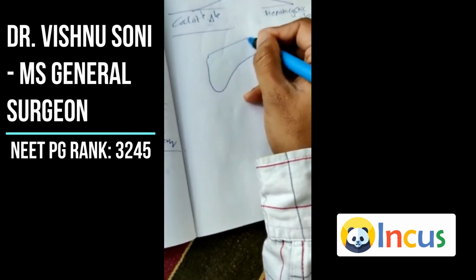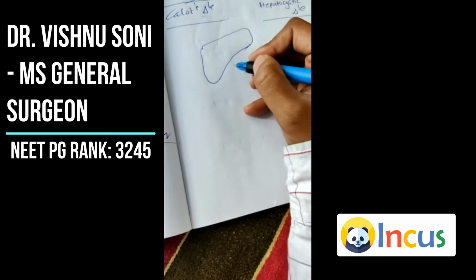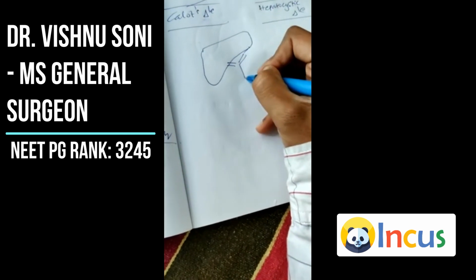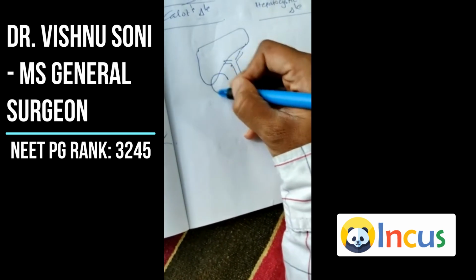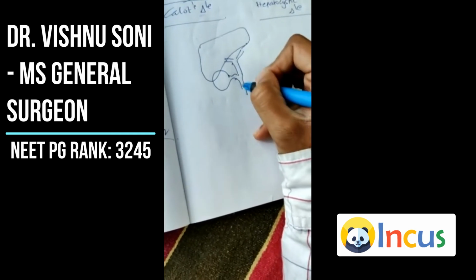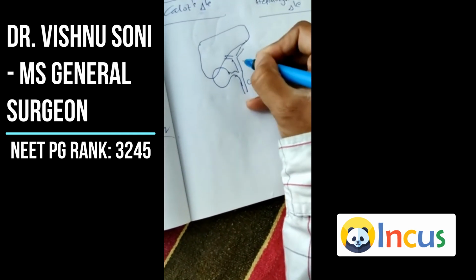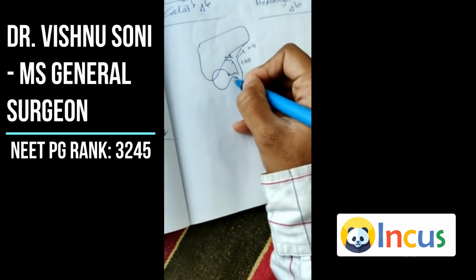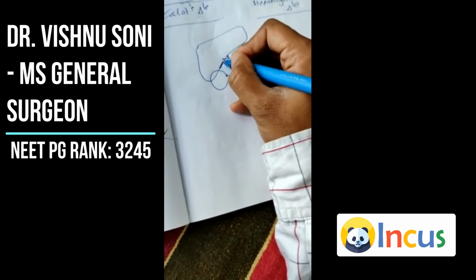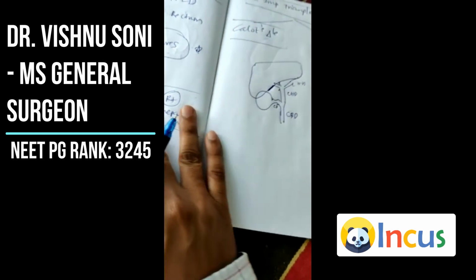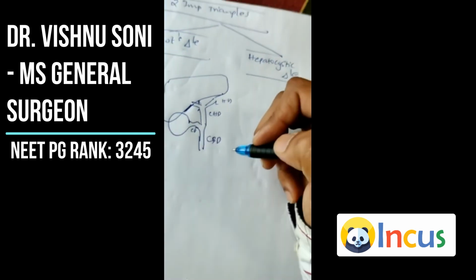So this is the liver, this is the common hepatic duct, this is the gallbladder, cystic duct, and CBD. These are the right and left hepatic ducts, and this is the inferior surface of the liver. Basically I am going to show you both triangles in this single diagram.